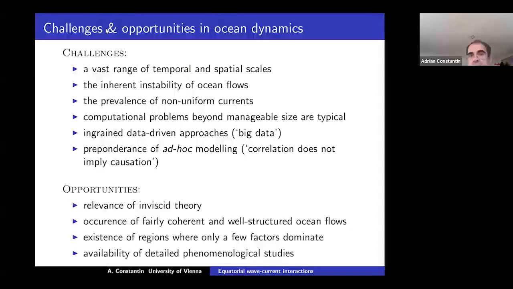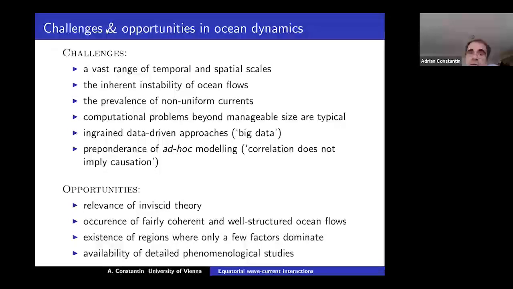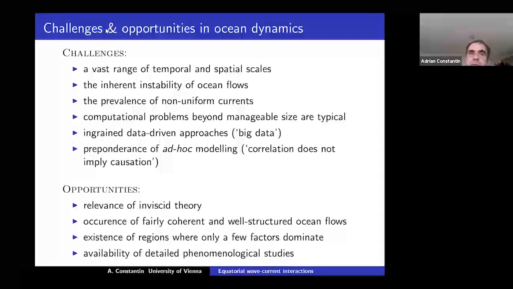Many currents are non-uniform in the sense not only that they change with depth, but they change direction, they change strength, and so forth. Fortunately, from the point of view of analysis, the computational problems, by what I mean by that is you can do numerical simulation, but it is not satisfactory because the system is too big and too complicated. So there is a need for analysis.